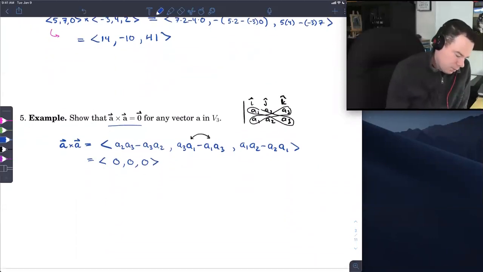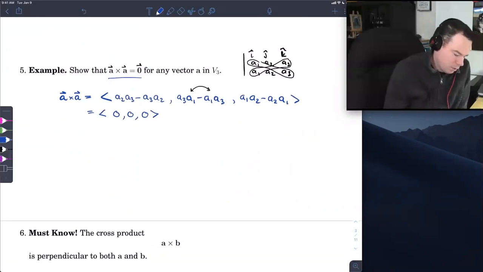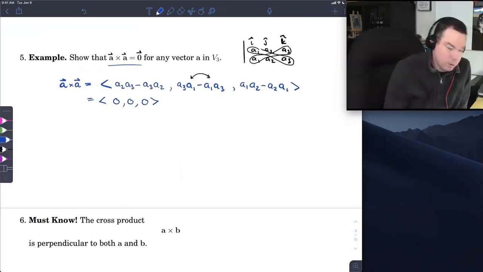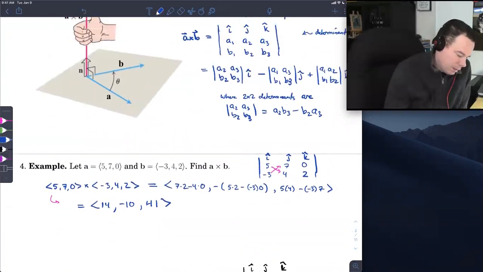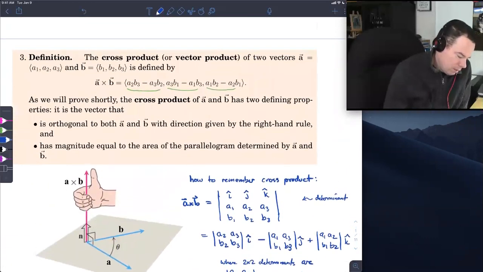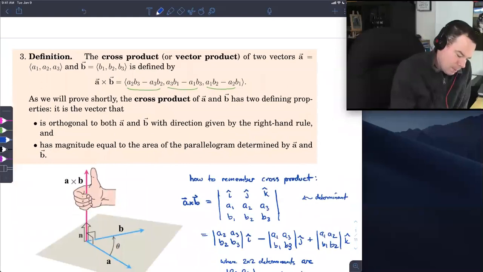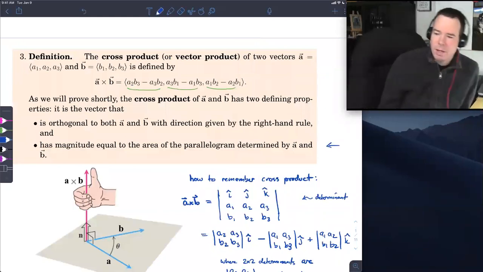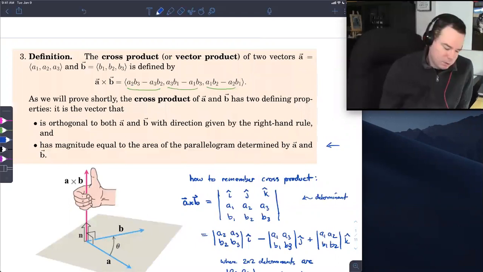Okay. So that tells us that the cross product of a vector with itself is 0. That actually puts a little bit of emphasis on the second point. We want the magnitude to be equal to the area of the parallelogram defined by the two vectors.